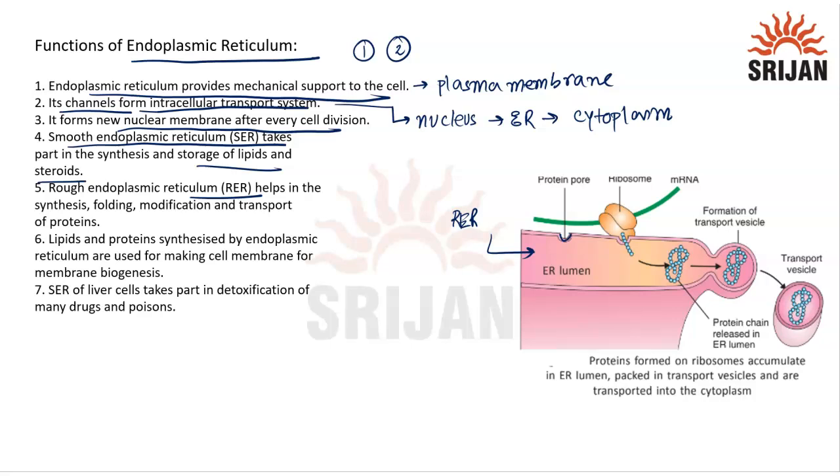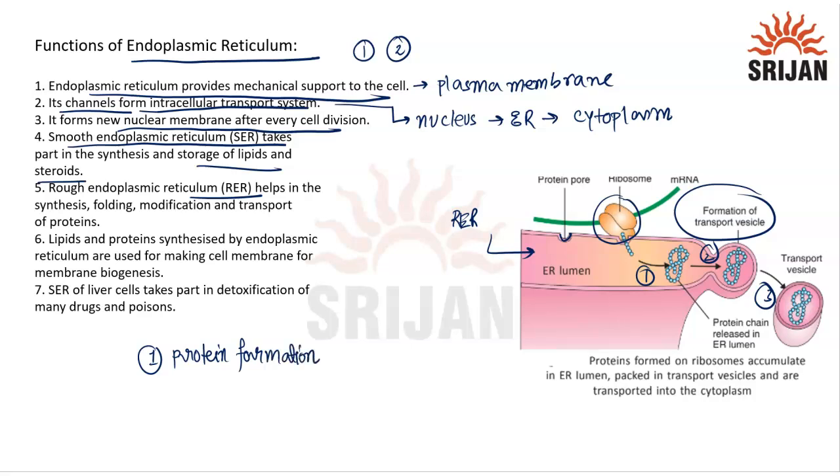Okay. So this is the protein fold. Now here the ribosomes are present. Now what is happening? It helps in the formation of the protein. Now the protein will be transmitted in the form of a transport vesicle. So what is happening? First, protein formation happens.